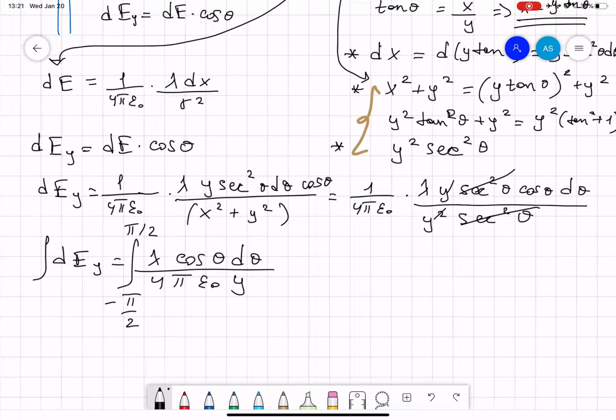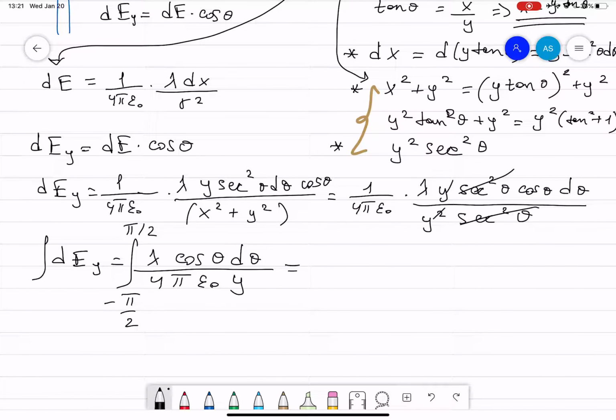Now after the integration and plugging in the limits, you should get that it is equal to lambda divided by 2 pi epsilon naught y. Okay, now let's plug in the numbers.